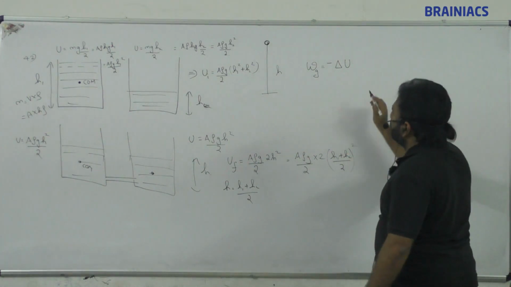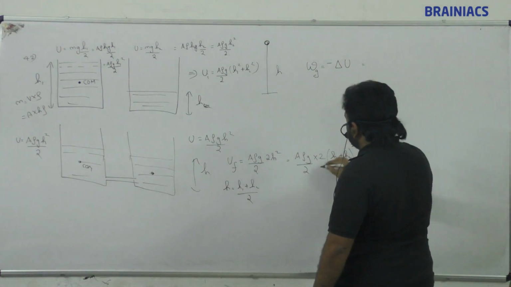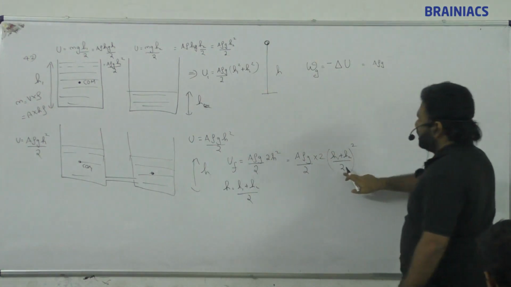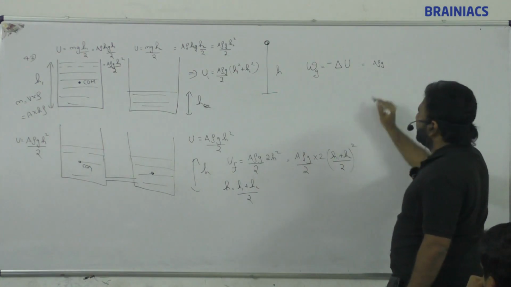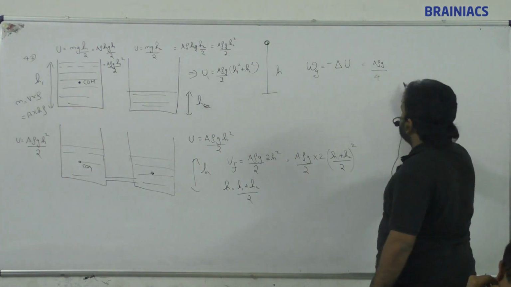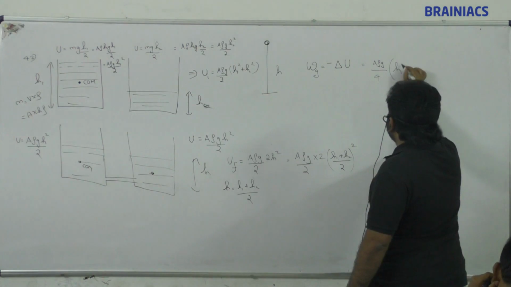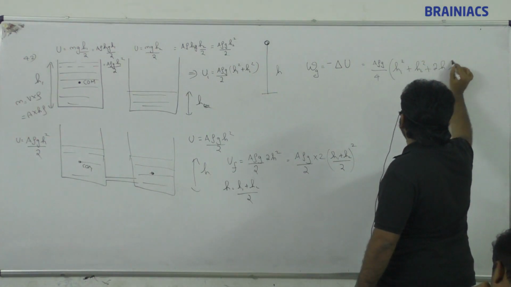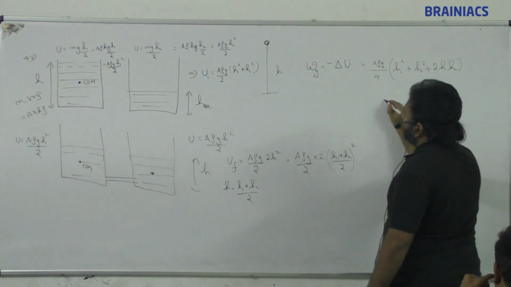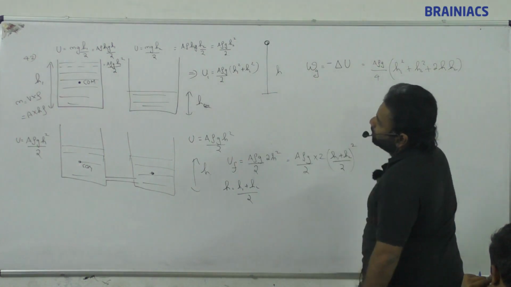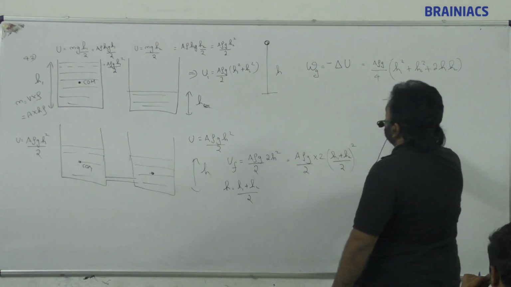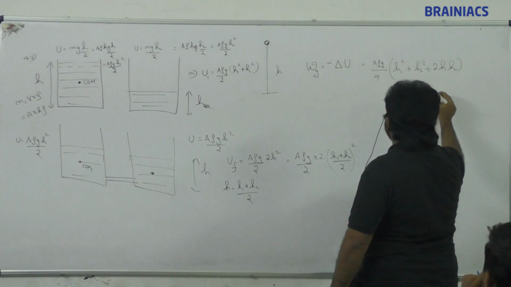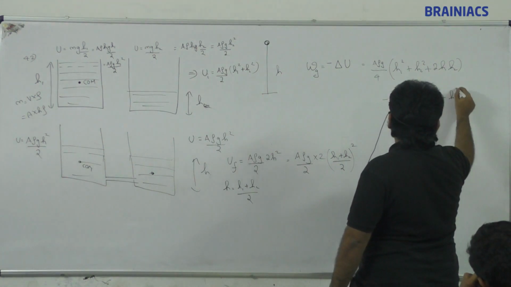Now the change in potential energy is going to be this minus that. So A rho g, I am taking this square and 4 I am taking outside. This is going to be h1 square plus h2 square plus 2 h1 h2, minus the sum of that, which is A rho g by 2 into h1 square plus h2 square.